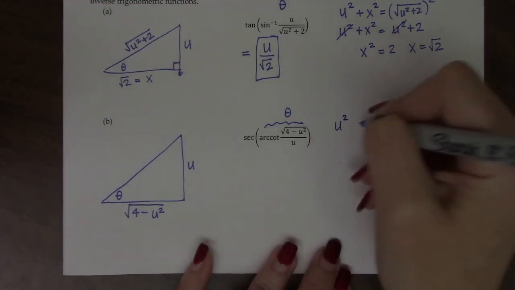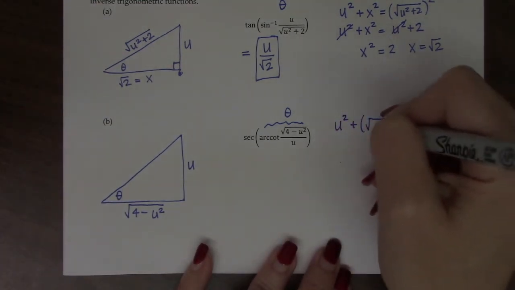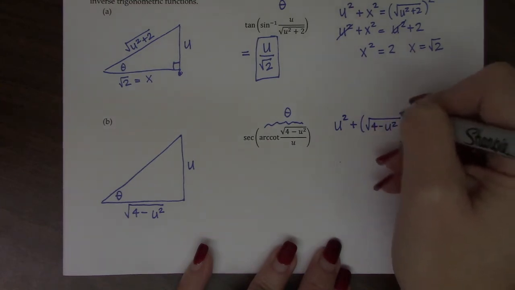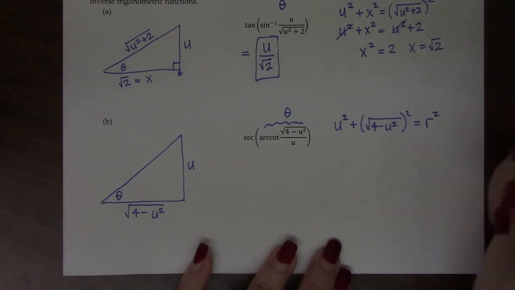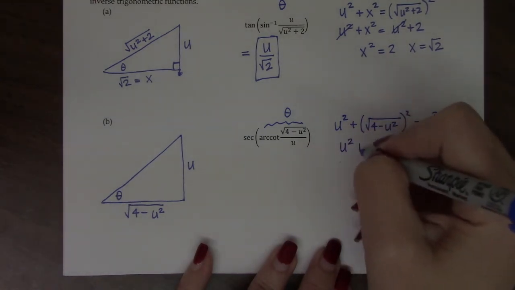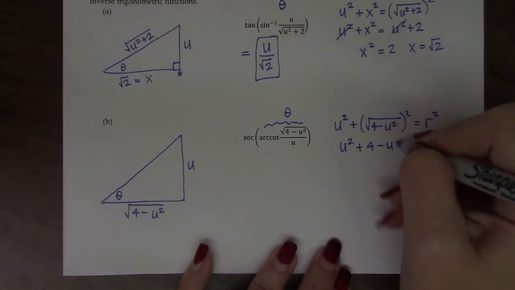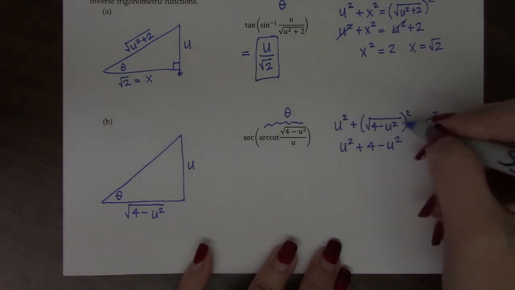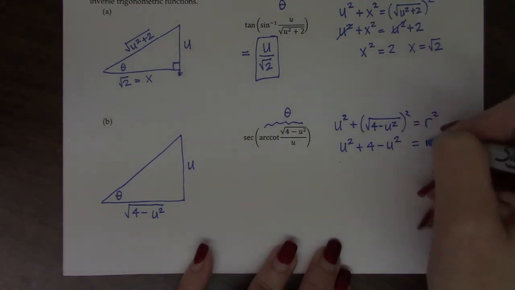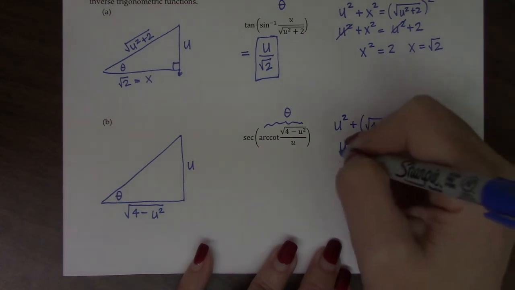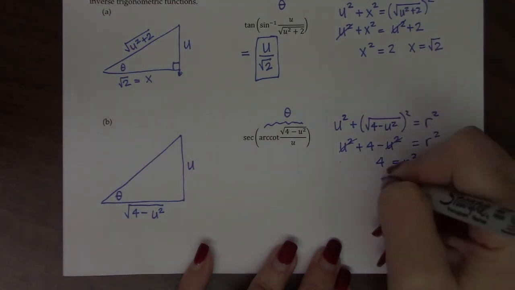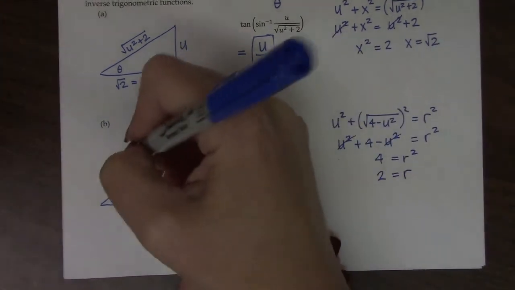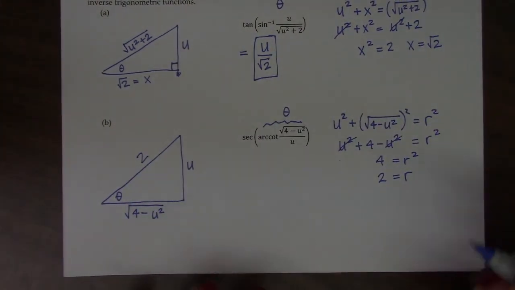So u squared plus the square root of 4 minus u squared, squared, equals the hypotenuse squared. We get u squared plus 4 minus u squared, because we squared the radical, it goes away. The u squared and minus u squared cancel, so 4 equals r squared and 2 equals r.